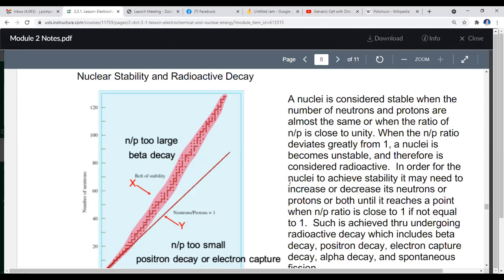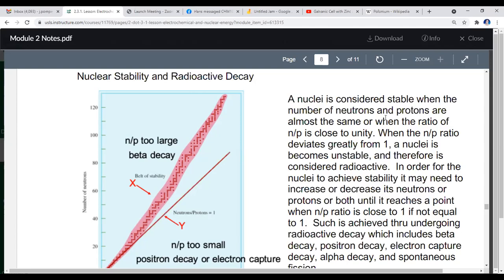So the nucleus is considered stable when the number of protons and neutrons it has are the same. If they're not really the same, then it's close to unity, meaning the ratio of neutron to proton is almost one. Then your nucleus is said to be stable.